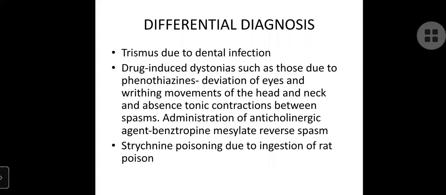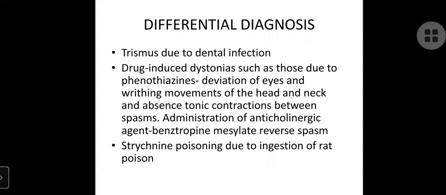To differentiate this from tetanus, tetanus patients do not have deviation of the eyes. Also, therapy such as benztropine mesylate has no effect on tetanus. So that is one thing to use to differentiate it.